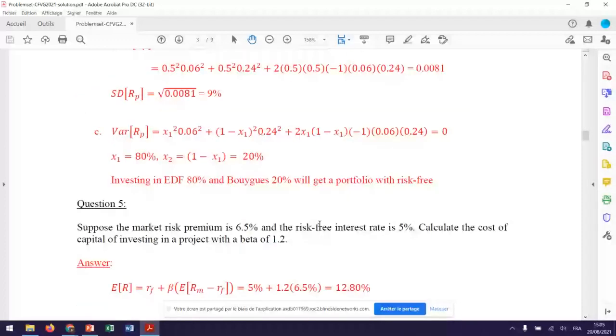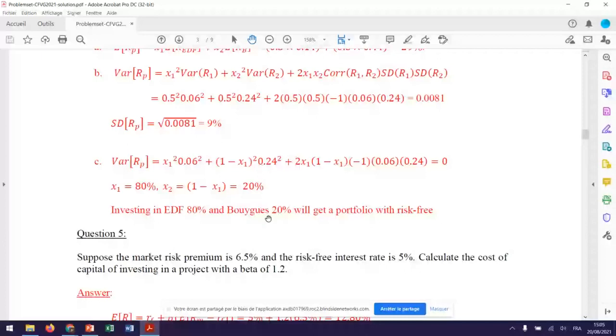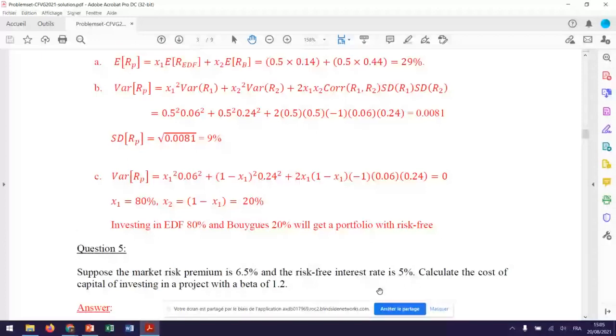Question number 5. This is easy too. Suppose the market risk premium is 6.5% and the risk-free rate is 5%. Calculate the cost of capital of investing in a project with a beta of 1.2. The cost of capital is the mean required rate of return of a project or a company.